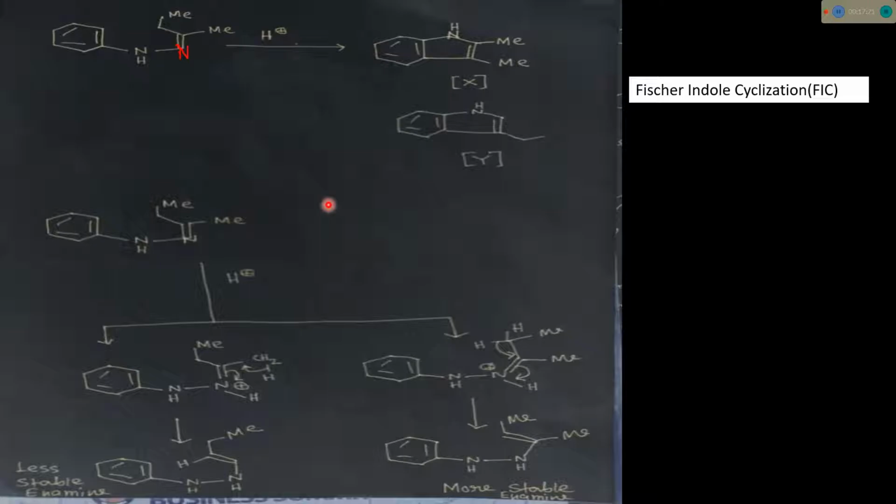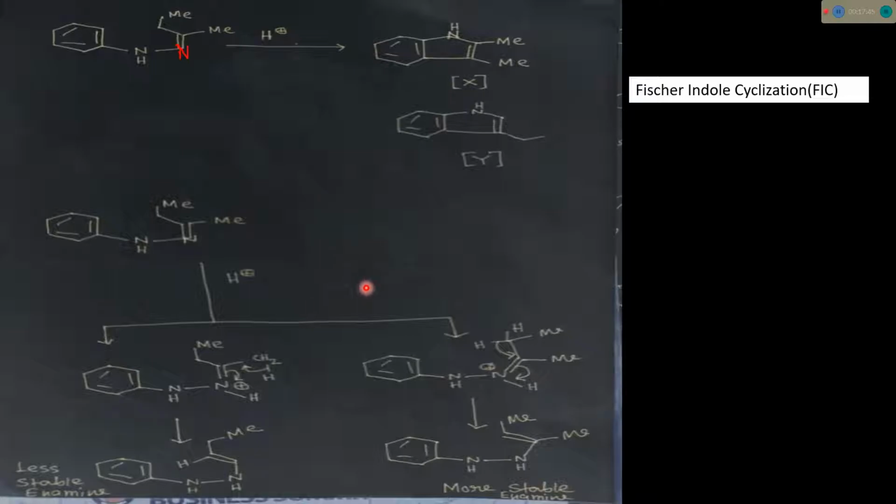So since we are using H3PO4 as the H+ source, it's a strong acid, it's less selective, its reactivity is high. If there are 2, 3, 4 possible ways to form an intermediate, it will lead the reaction to proceed by all paths to the same extent.